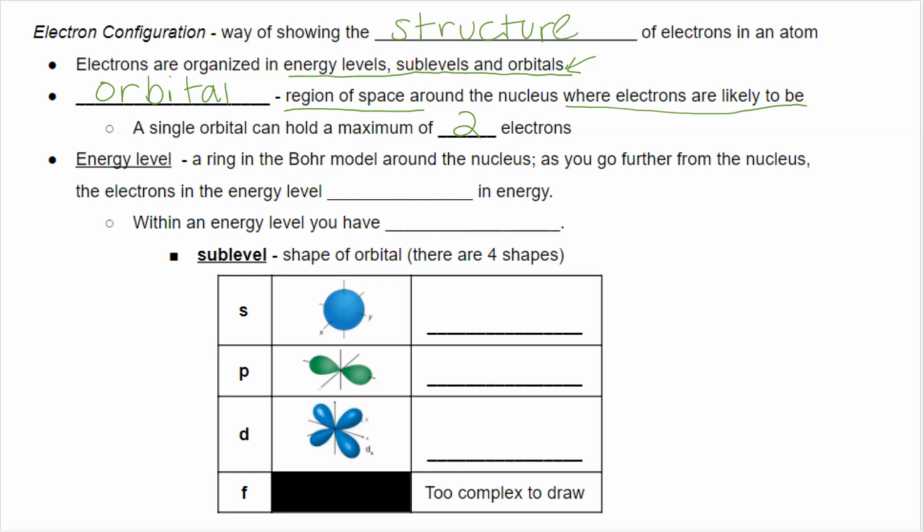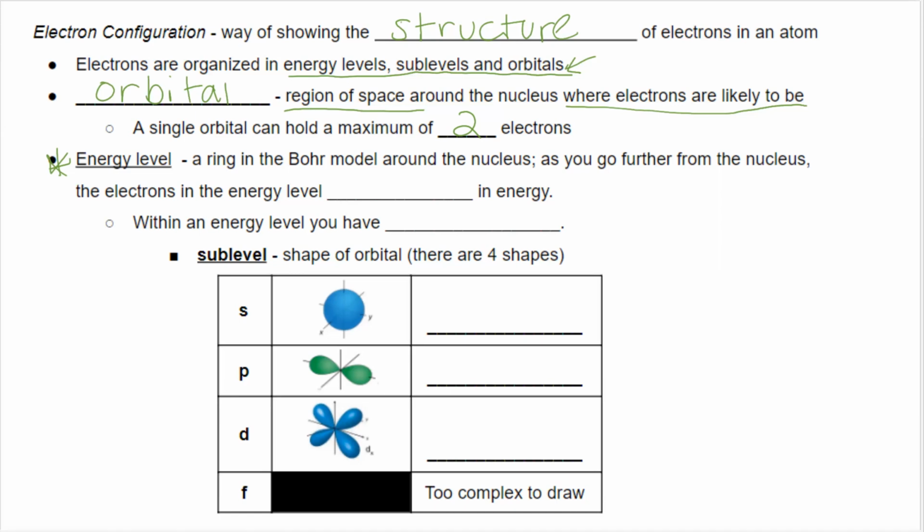Now we're going to jump up to the biggest way of organizing electrons, which is in energy levels. And we've been talking about energy levels because we've been drawing our Bohr models and numbering our energy levels 1, 2, 3, 4, and so on, depending on how many rings our Bohr model has. So an energy level is just a ring in our Bohr model.